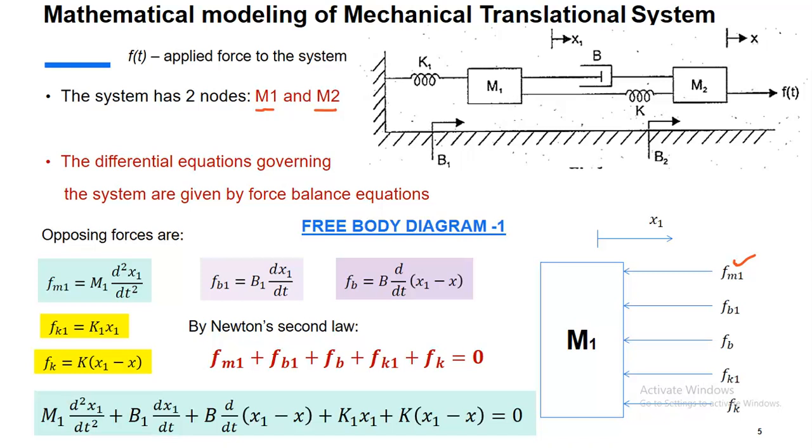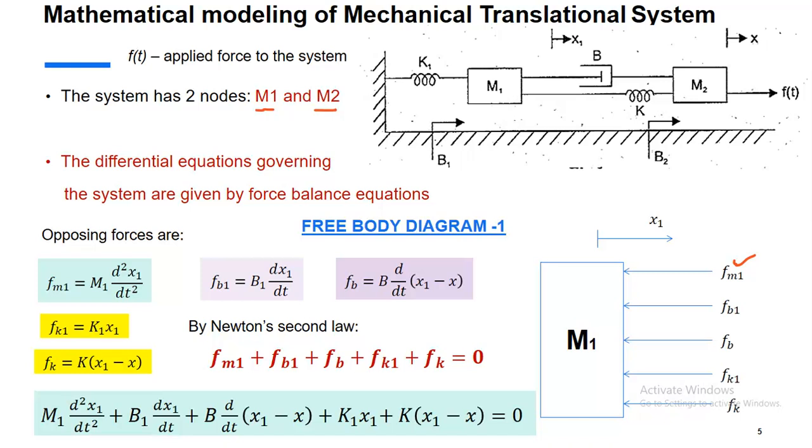And this B1 is a dashpot, with one end fixed to the reference, so it is FB1. And we have this B and this K, so I am writing them as FB, FK, as well as this particular K1, FK1. So totally we have 1, 2, 3, 4, 5 elements, so there will be 5 opposing forces.